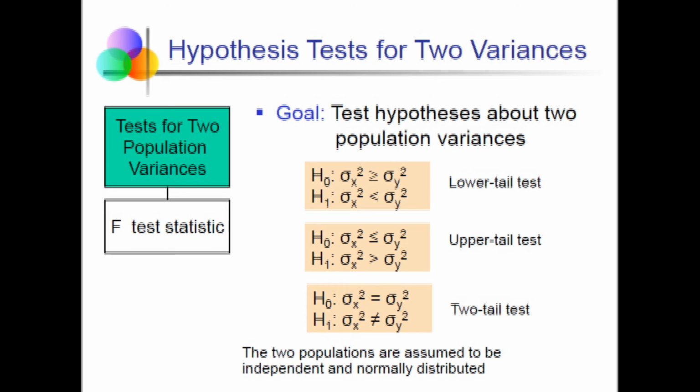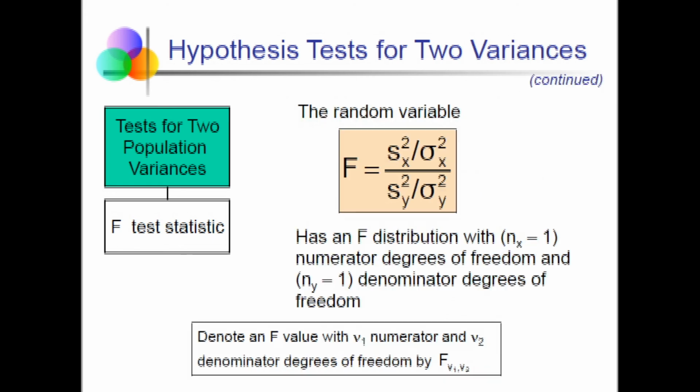So when testing two population variances, we can again use a lower tail test, an upper tail test, or a two-tailed test. Now, when testing for two variances, we use the F statistic.